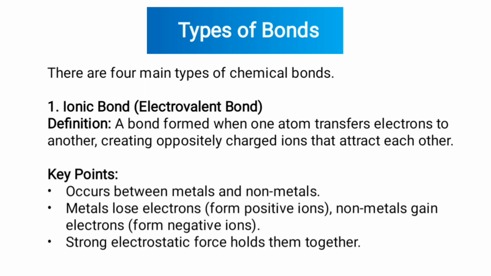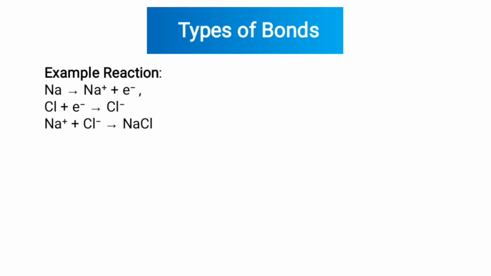Strong electrostatic force holds them together. Example: sodium loses one electron and forms a positive ion, while chlorine accepts the electron and forms a negative ion. Then the sodium positive ion and chlorine negative ion attract and combine to form NaCl through an ionic bond.